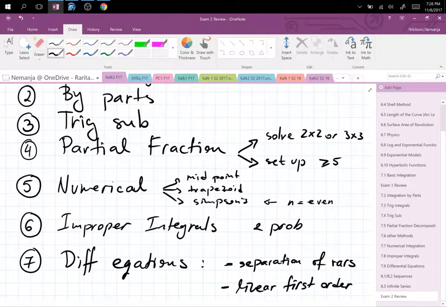We have a trig sub question first. Diego has a textbook over there. Yeah, you have to give me the exact problem you want me to work out from the textbook or homework or something, because I'm not making up problems now.